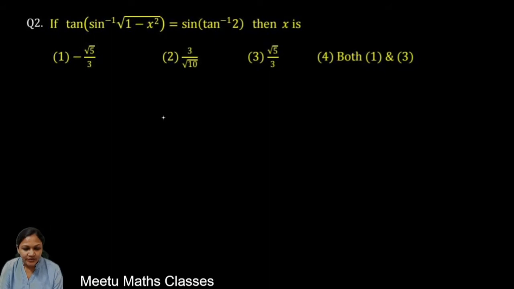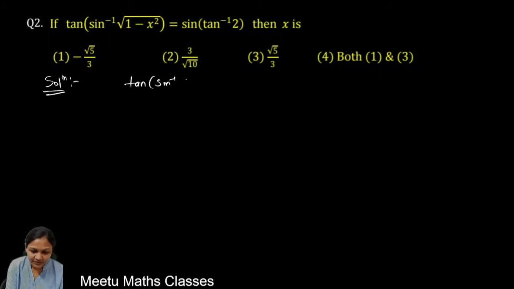Now your next question is, if tan of sine inverse square root of 1 minus x square is equal to sine of tan inverse 2, then the value of x is. So consider the given identity, that is tan of sine inverse square root 1 minus x square is equal to sine of tan inverse 2.